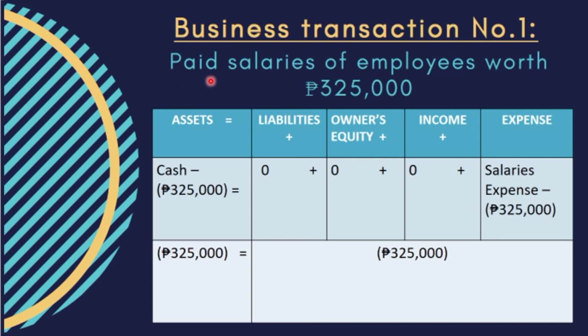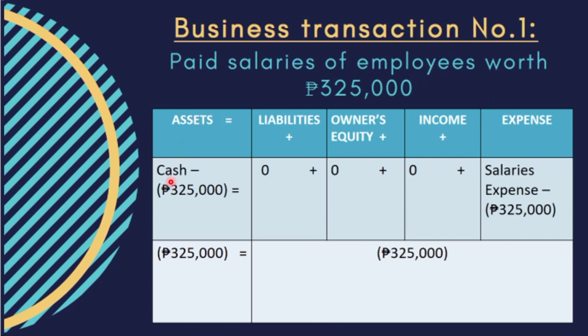First is to analyze the business transaction: which account titles are involved in each transaction. In this transaction, the account titles involved are cash and salaries expense, because we needed cash to pay for the salaries of the employees.